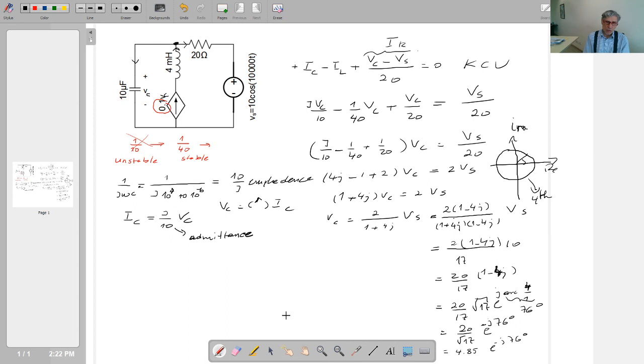So if I transfer now this complex number to time domain, VC(t) is going to be equal to 4.85 cos(10,000 t). This doesn't change. You see, this is the same as this. The angle that I'm going to add is minus 76 degrees. So this is a particular solution.